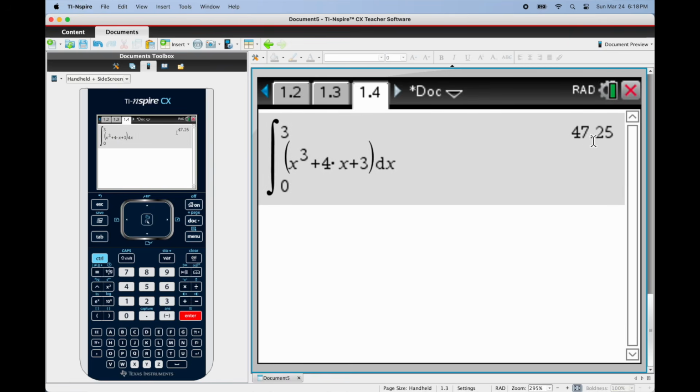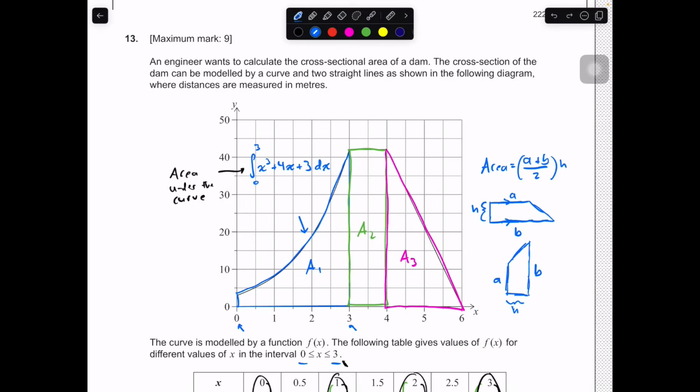There we go, 47.25. So let's go back to the document and write A1 is equal to 47.25.